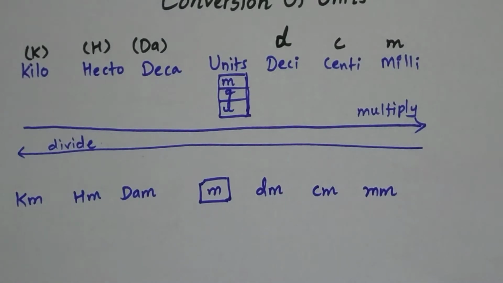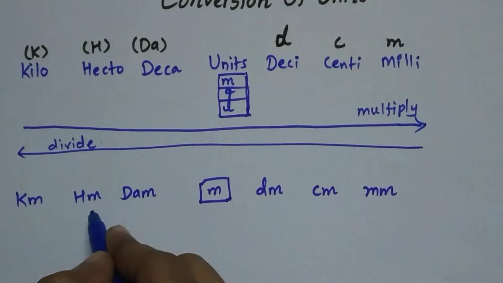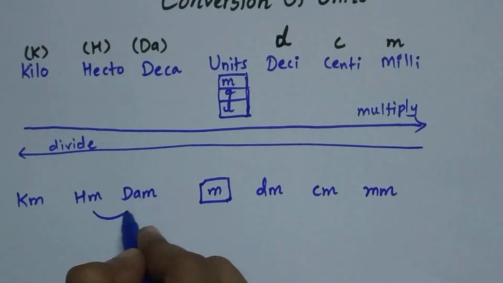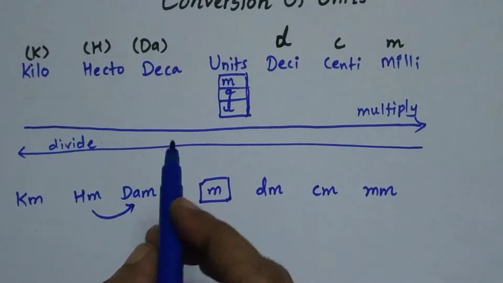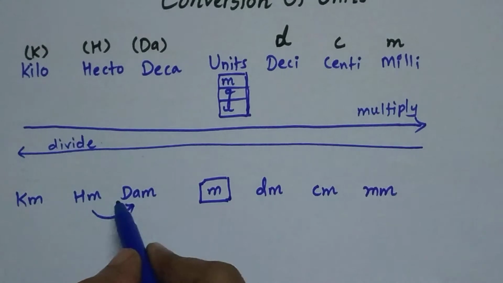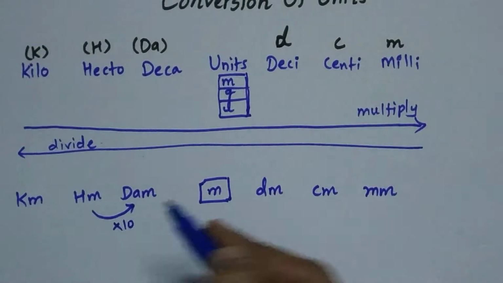Suppose I want to convert units, like I want to go from hectometer to decameter. Hecto is larger and I am coming to the right hand side, and the number of jumps I am going to take is only 1. So I will just multiply by 10 here. I will do into 10.